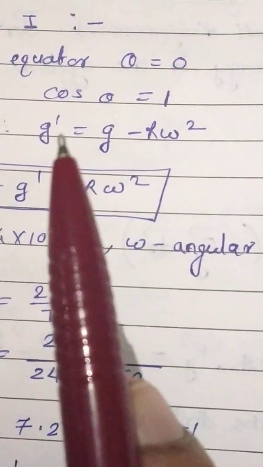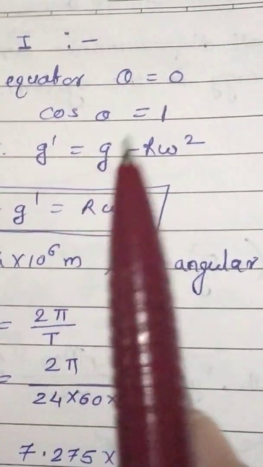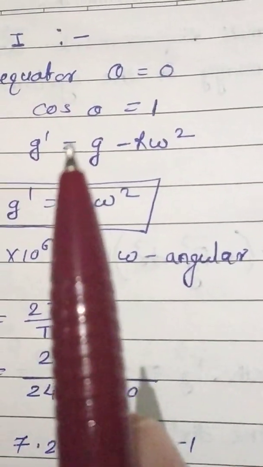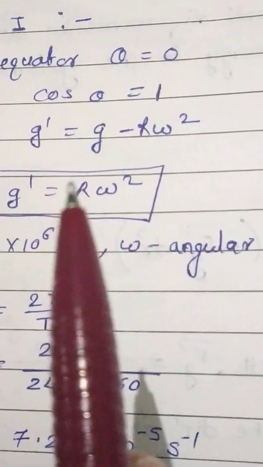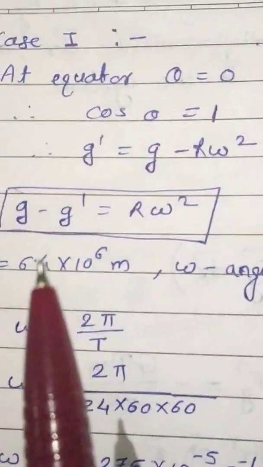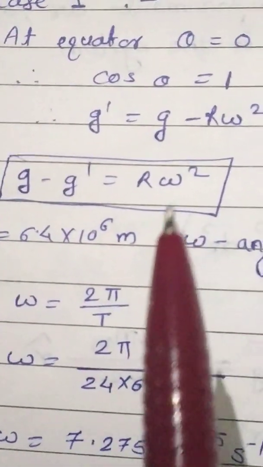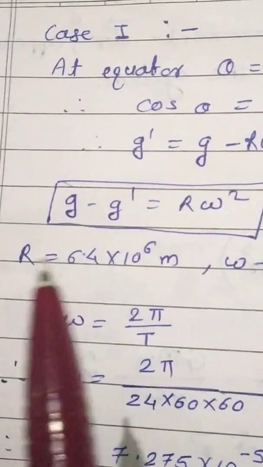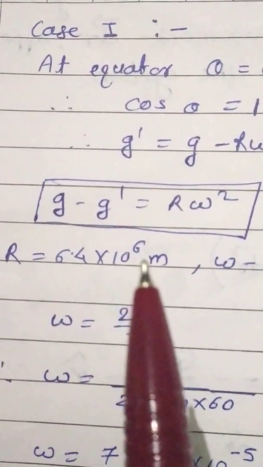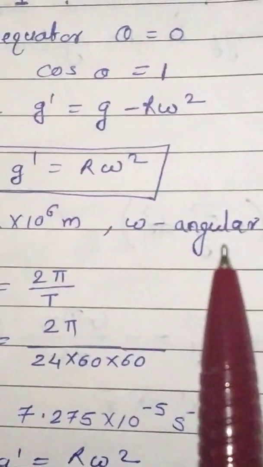So the effective acceleration due to gravity is minimum at the equator, as here it is reduced by the maximum amount. The reduction is g minus g dash is equal to R omega square, where the radius of the earth R is 6.4 into 10 raised to 6 meter, and omega is the angular velocity.